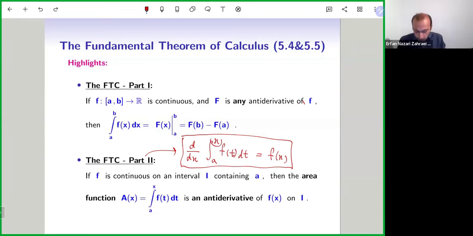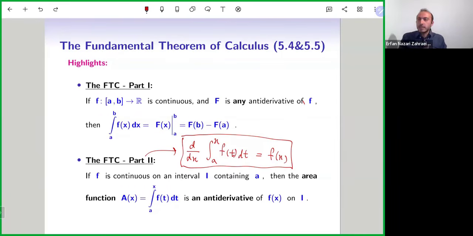So if we call this x, then we cannot use x here. x is already used. You should use another letter. We use t. You can use anything other than x. So that's why suddenly the variable of integration is not x, because x is already used as the upper limit of the integral. And it's a conflict of interest if we use the same letter for two different things.